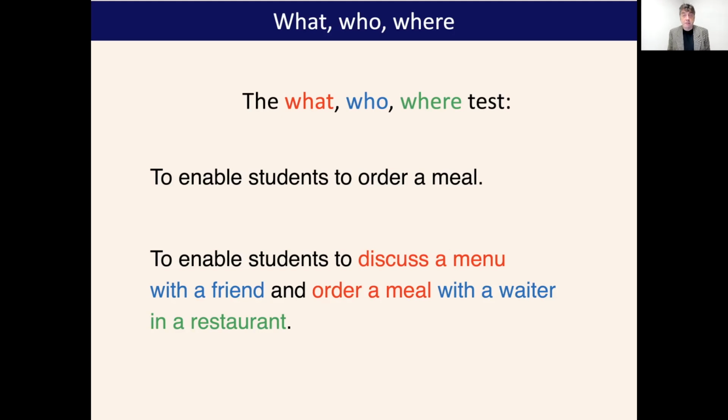With a friend tells them who is involved in the conversation. And order a meal is also the what. With a waiter, so there's a third person involved in the kind of dialogues they're going to be listening to and having to speak in. And it's in a restaurant. Now, I could even say what type of restaurant in order to indicate the type of menu and so on.